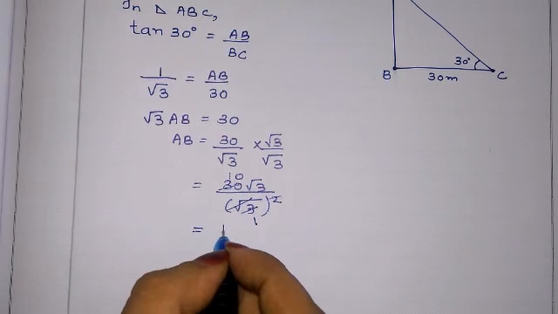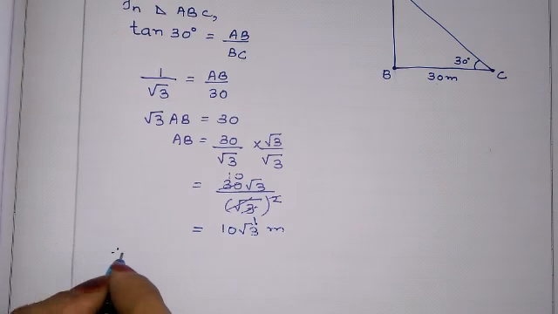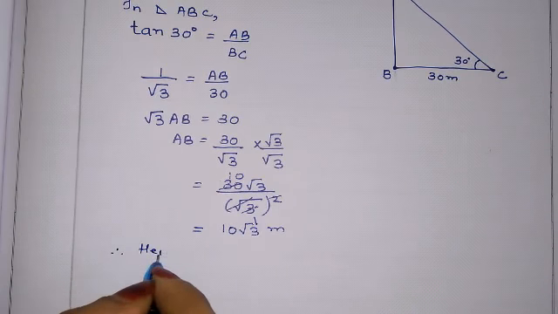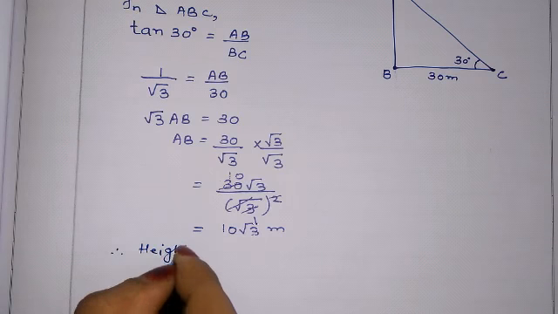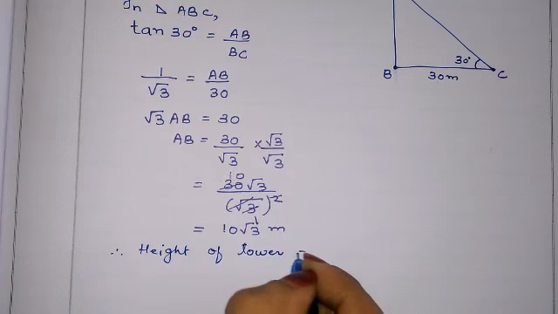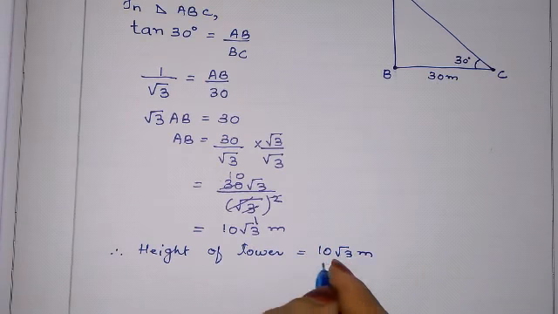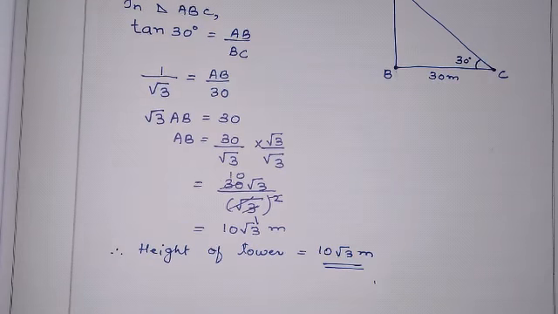So the answer is 10 root 3 meter. Therefore, the height of the tower is 10 root 3 meter. So this is the fourth question.